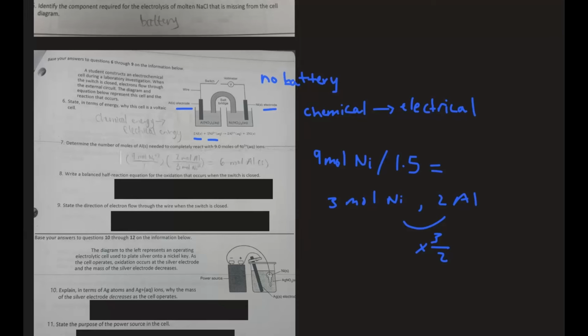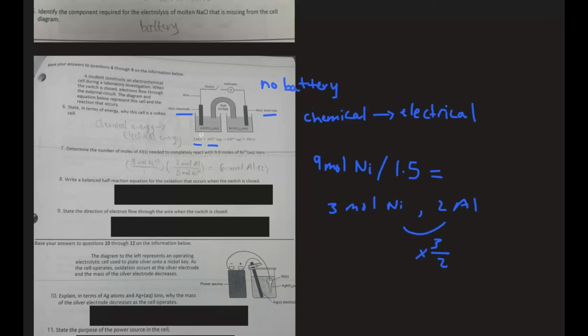So we have 9 moles of nickel, and so if initially we had 3 moles of nickel, and this gave us 2 moles of aluminum, that is a 3 over 2, or 1.5 ratio, right? And so we can do the same thing here. It's just 9 divided by 1.5 equals, and that should give us, boom, 6.